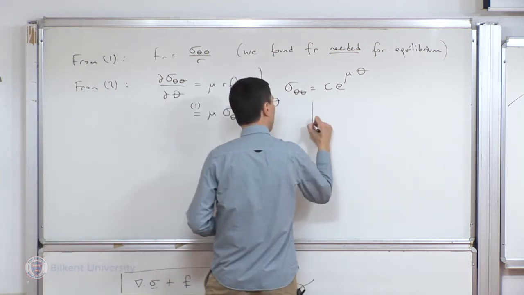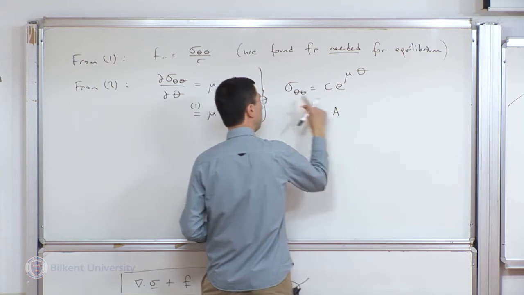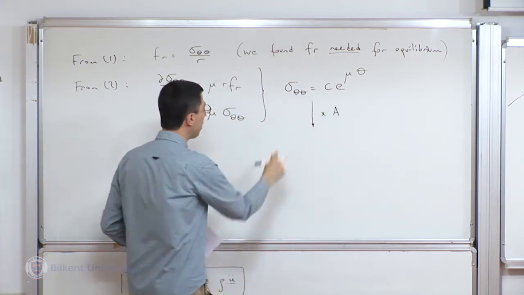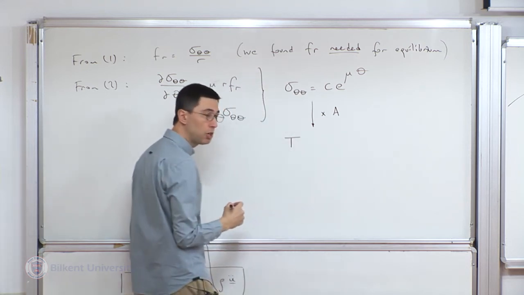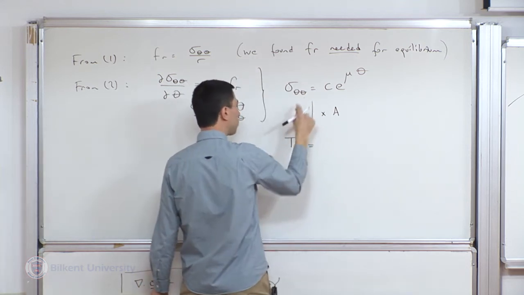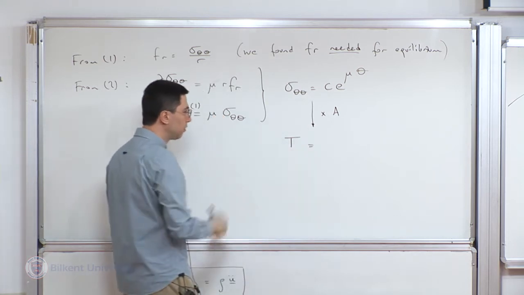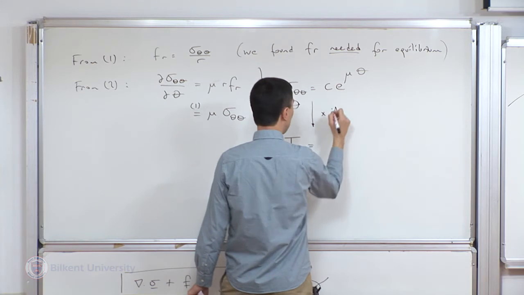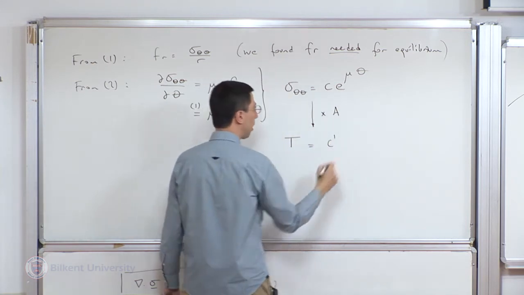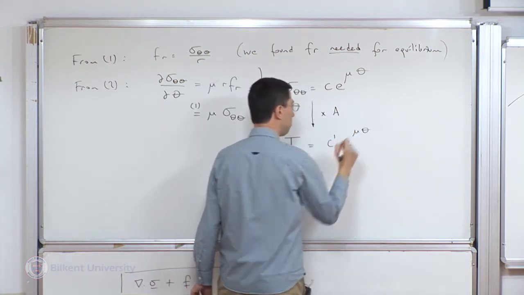So what I can also do is multiply left and right-hand sides by A. If I multiply the left-hand side with A, I get the tension on the rope. So this was the average stress, and now this is the tension. This is, if you like, the real quantity I was interested in. And C times A I will define to be C prime e to the power mu theta.